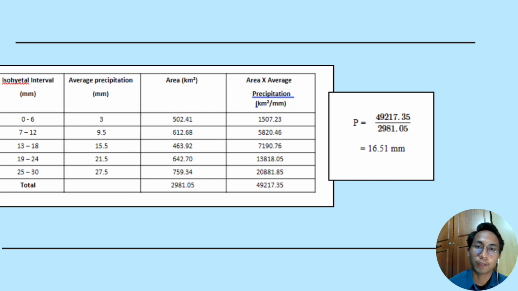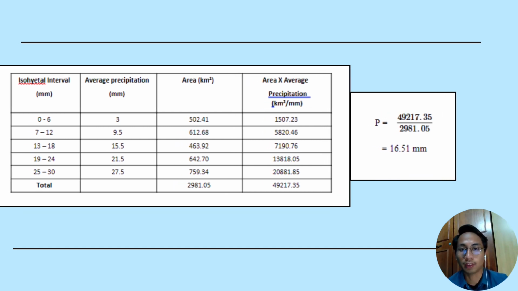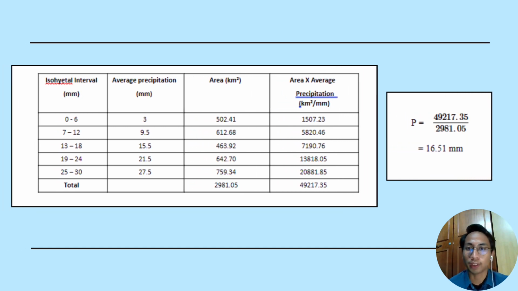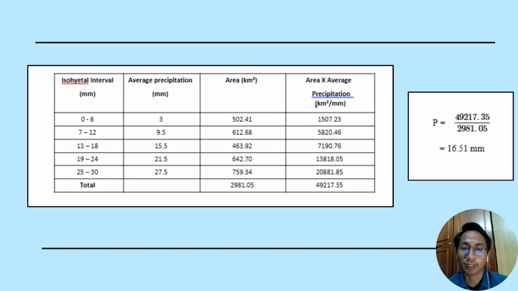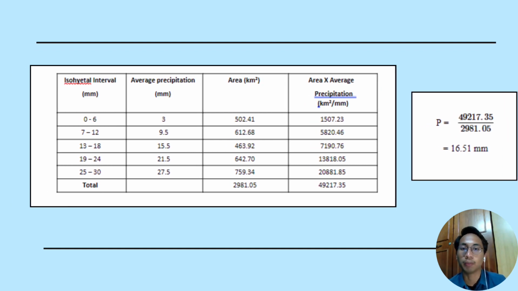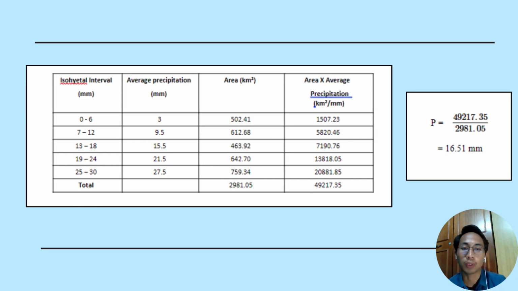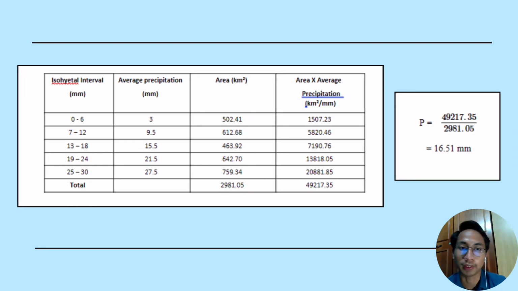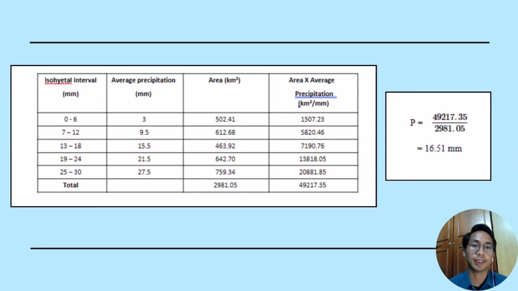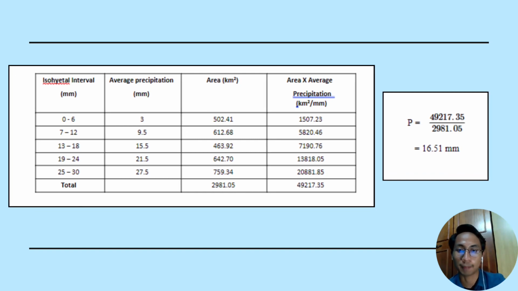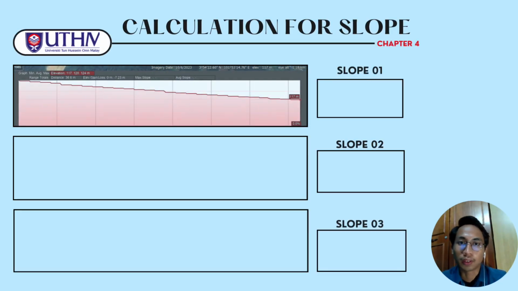After we got the area for each interval, we multiply with the average precipitation, divide the total by the total area, and we got an average precipitation depth of 16.51 millimeter.